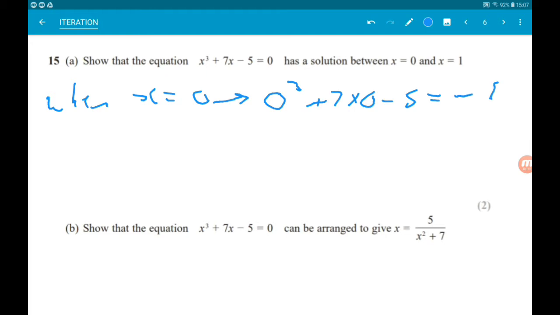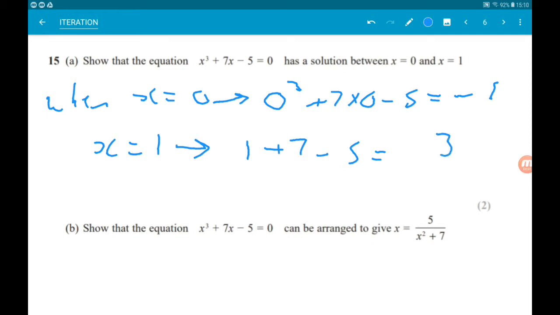When x is 1, we get 1 cubed, which is 1, add 7 times 1, which is 7, minus 5, so that's 8 minus 5, which is 3.